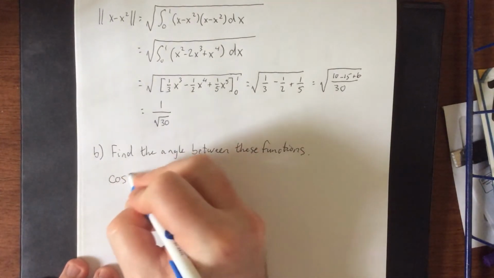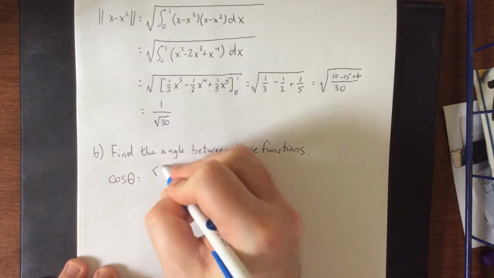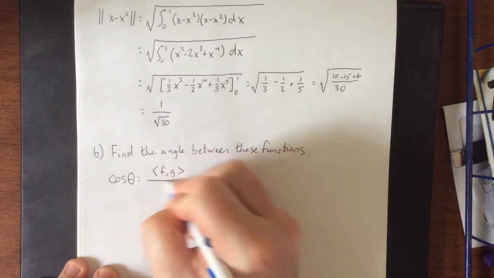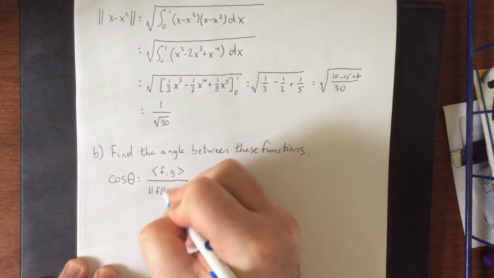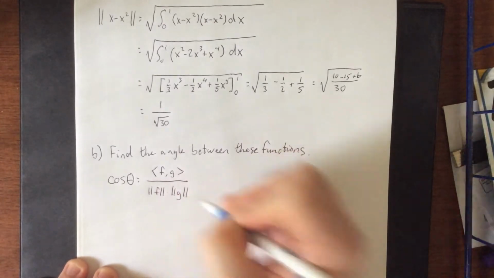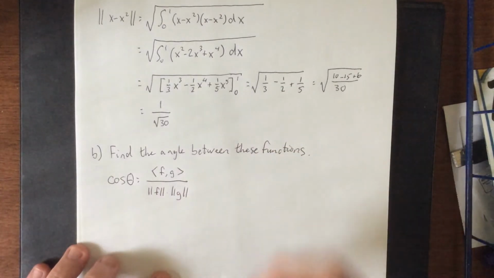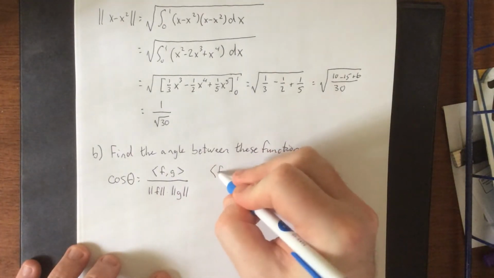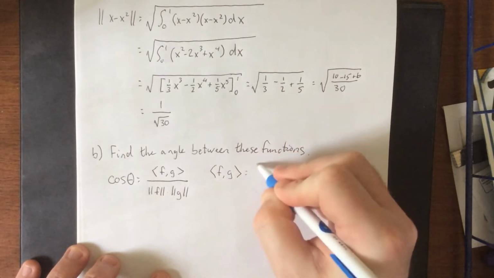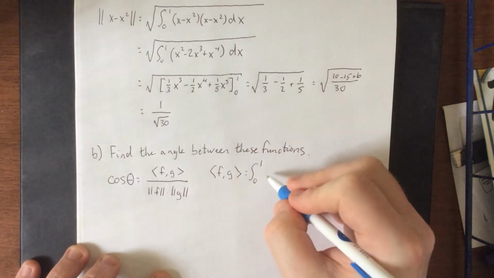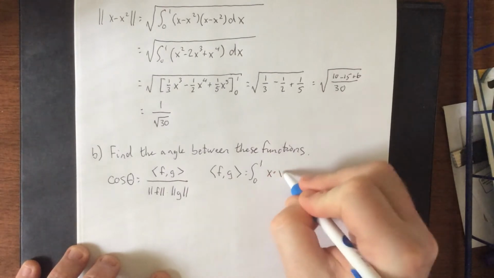So again, the formula goes, cosine of theta is going to be equal to the inner product of f and g divided by the magnitude of f times the magnitude of g. Starting with the inner product of the two functions, according to the definition above, we are supposed to take the definite integral from 0 to 1 of the product of these two functions.